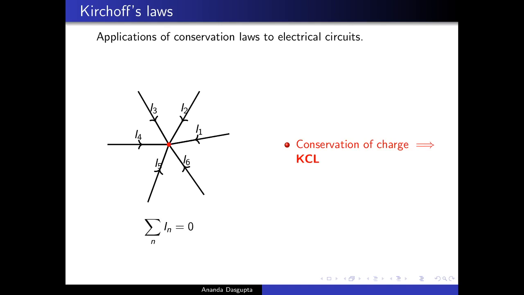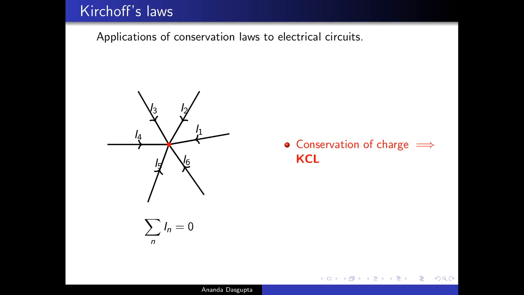Net current going into a node must be zero, which is the same thing as saying net current going in is equal to net current going out, provided we adopt this convention that current going out is negative current going in. So in this figure we have drawn a node which has 6 wires carrying current into it, with currents I1, I2, I3, I4, I5, I6, and Kirchhoff's current law essentially says that all these 6 currents added together must be 0.